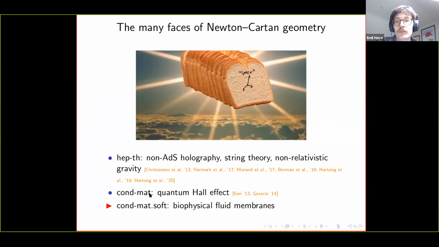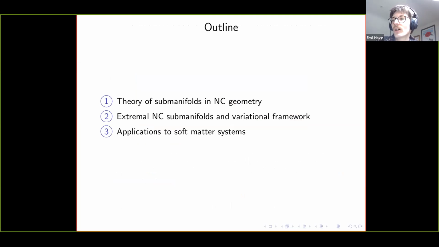What we've done is that we've extended the realm of applicability of Newton-Cartan geometry to now include soft condensed matter, more specifically biophysical membranes, fluid membranes, actually, as we will see, which of course includes things like red blood cells.